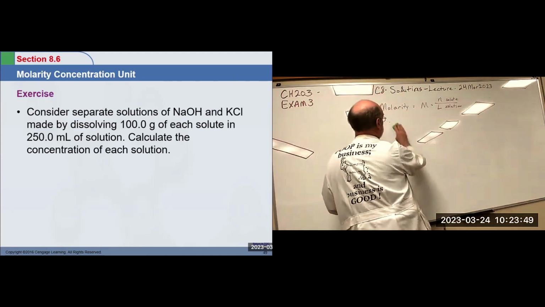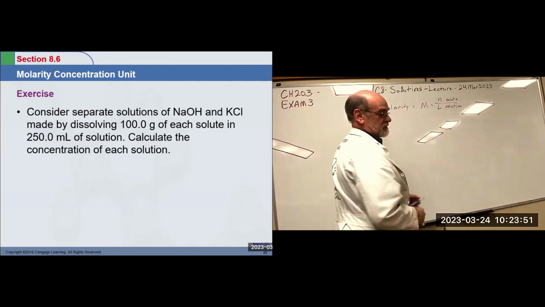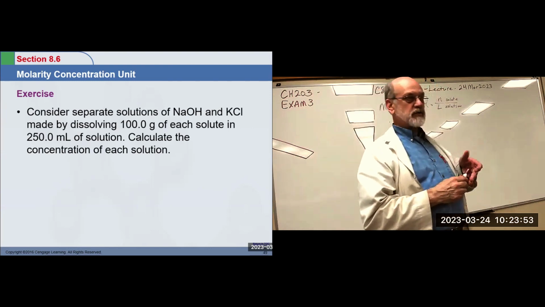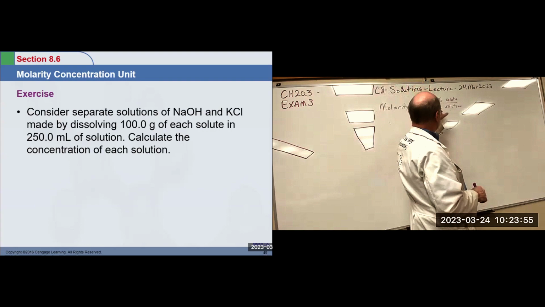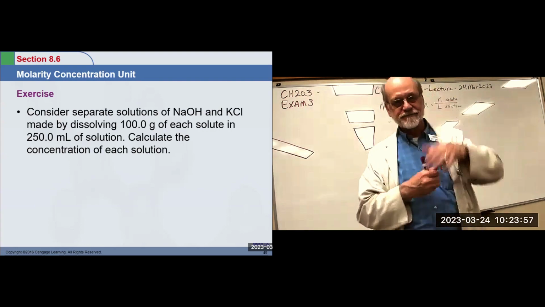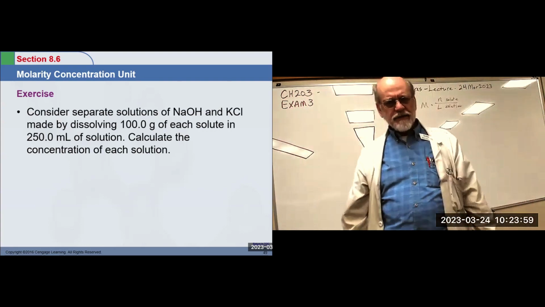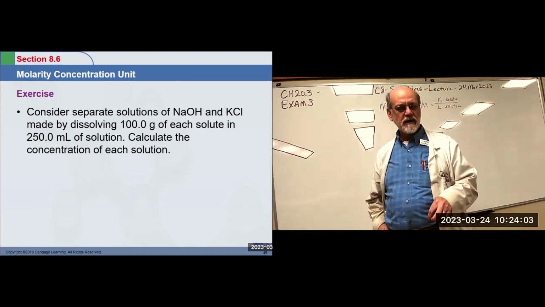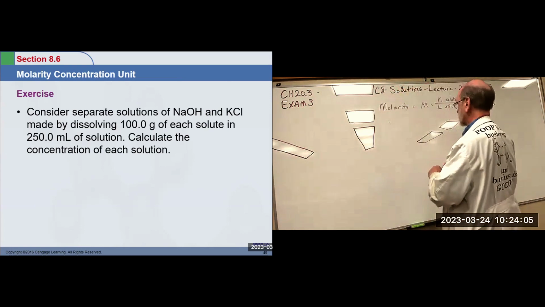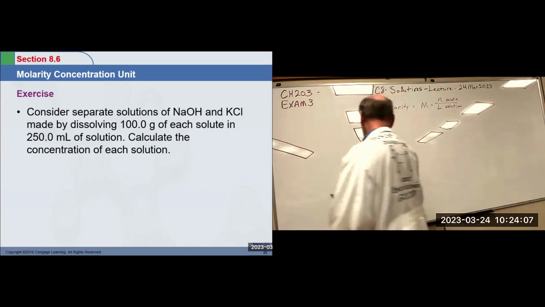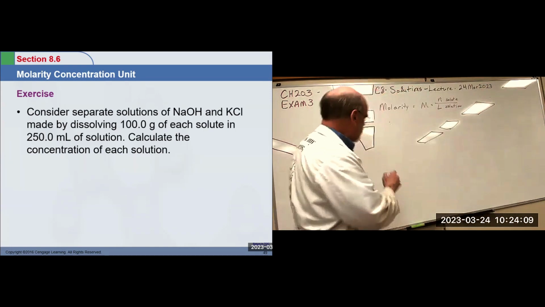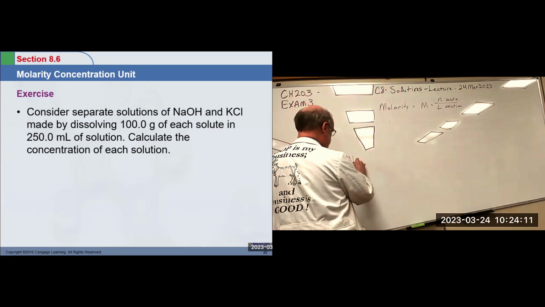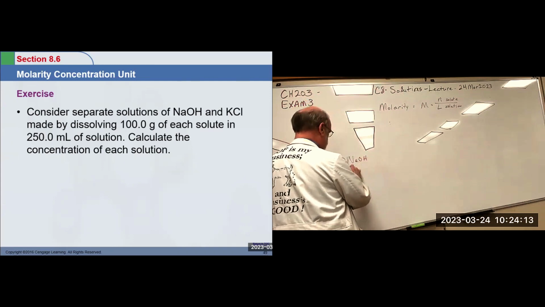Okay. So it's like any other formula. Right? In this case, if you have two of the terms, you can solve for the third one. How about these two separate solutions of sodium hydroxide and potassium chloride? All right, so let's set it up. First one is sodium hydroxide, 100 grams.